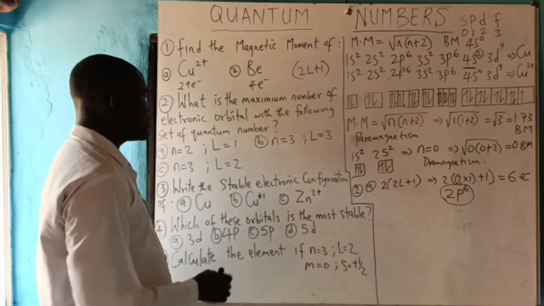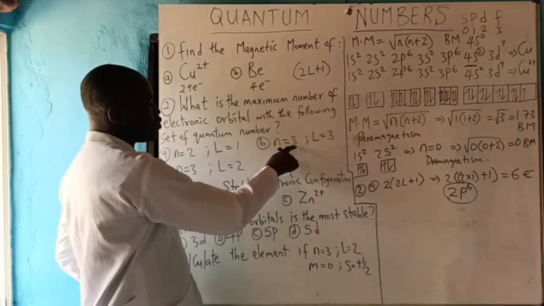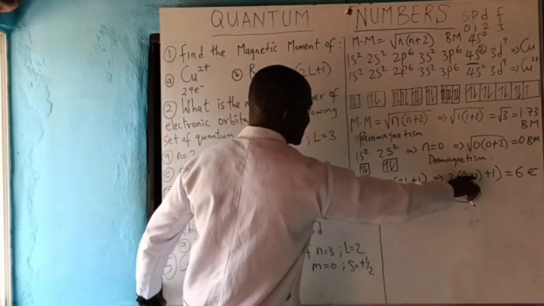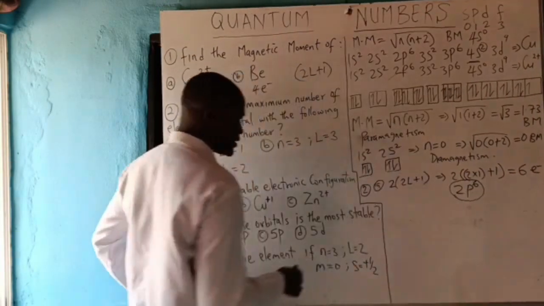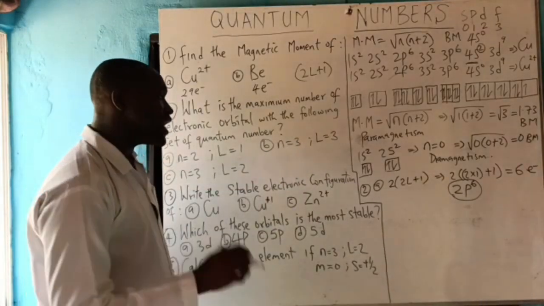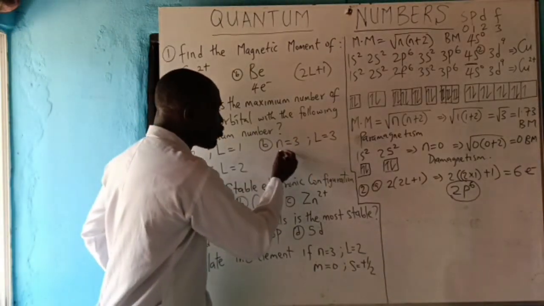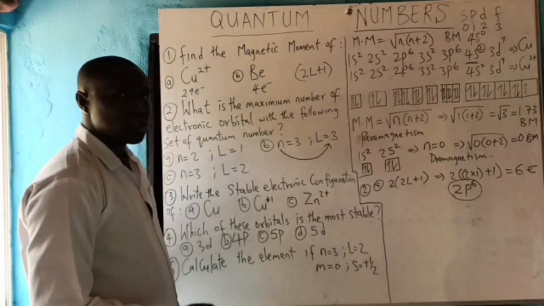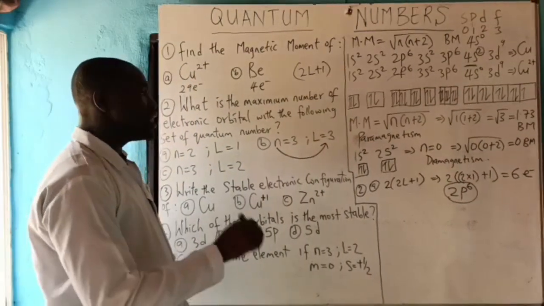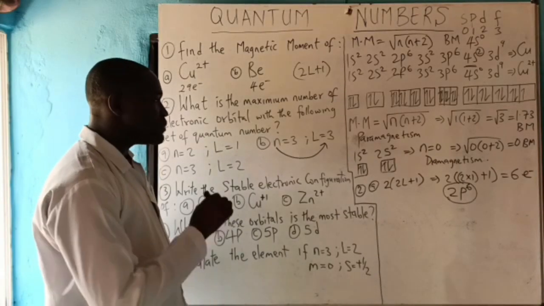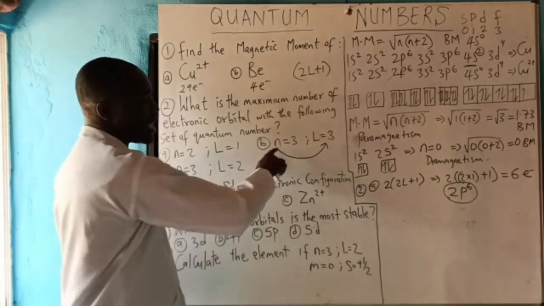Then for B, n is equal to 3, L is equal to 3. Please don't just say 2 times 3, 6 plus 1, 7, 14. Please don't try that, because you see the value of L. We said that when the value of n is equal to L, the implication is that the orbital is mechanically forbidden, so we don't have such.